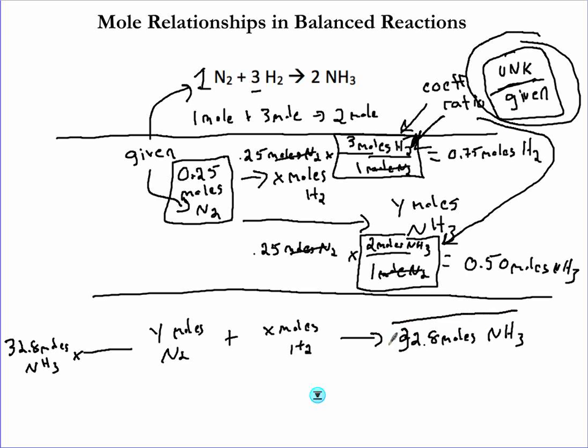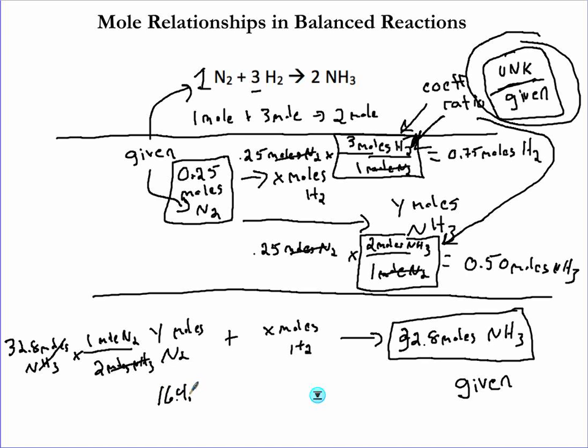Let's just box that in and label that as the given. And so that means that I'm going to multiply by 1 mole of N2 over 2 moles of NH3. And of course, once again, my moles of NH3 and my moles of NH3 will cancel, and half of 32.8 is going to give me an answer of 16.4 moles of N2.